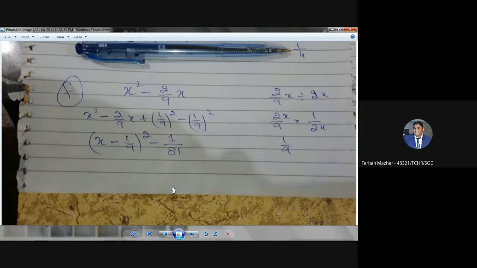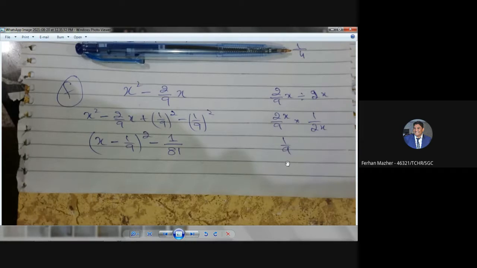Because this 2 by 9 is a fraction, I'm using this special technique. You can see here in my rough work I write it like this, divided by 2x. So it is 2x by 9. When I convert this divide sign into multiply sign, the second fraction flips. It reciprocates. So it becomes 1 by 2x. This 2x and 2x will be cancelled. So you are left with 1 by 9.